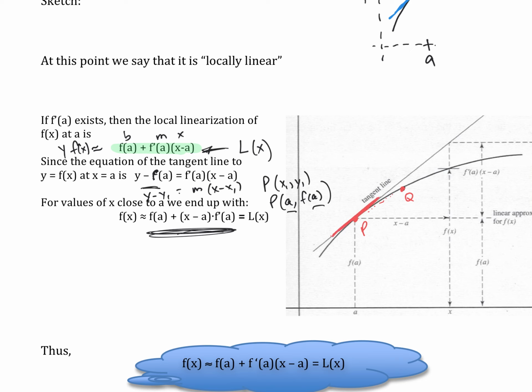So for anything really, really close to P, I don't have to use the actual equation. I can approximate it by just using the tangent line. Because I've gone so close, I've straightened it out, I don't need to use the equation to make the calculations. I could just use the tangent line. That's called linearization.